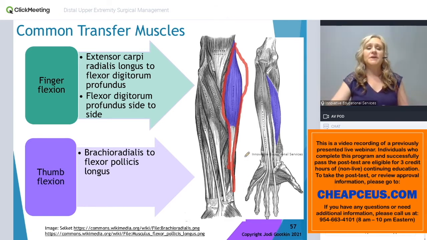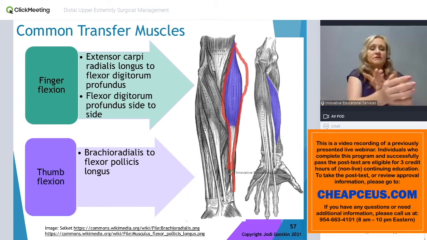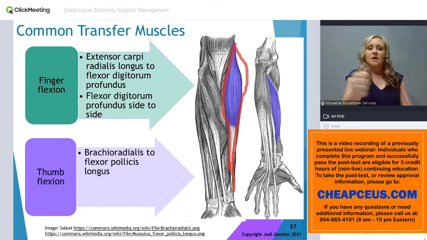If they were to take that brachioradialis and transfer it here for my extensor pollicis, well, I don't really need strong finger extension. If you overpower my finger extension, even the resting tension in it, I may not have enough strength in my remaining muscles to perform a good functional, strong grasp.